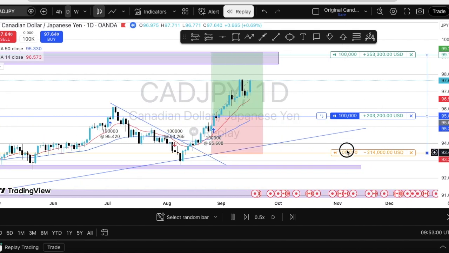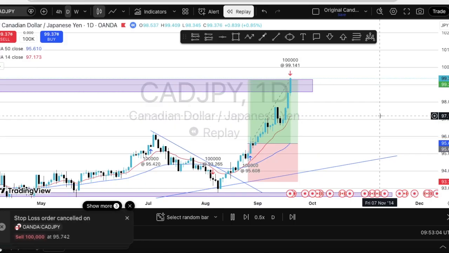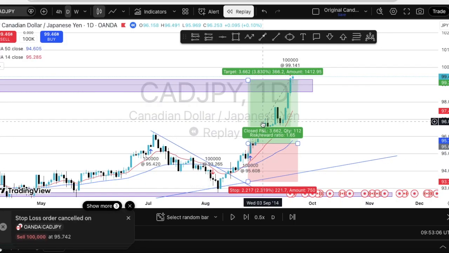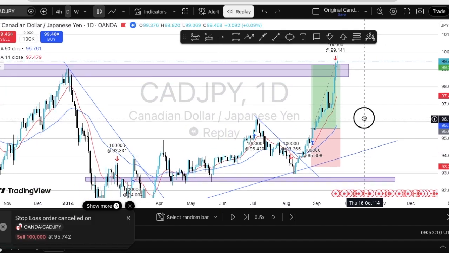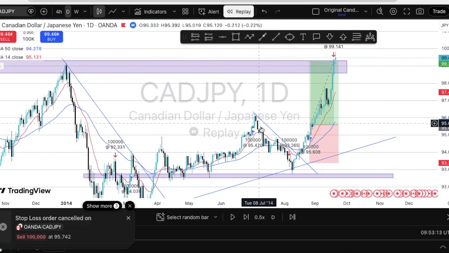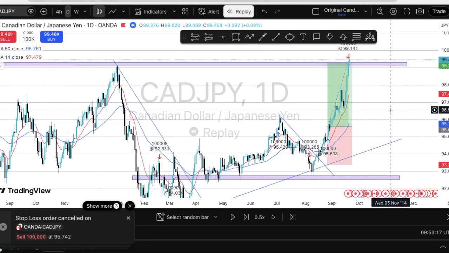Okay, we're in break even right now. This trade can become a break even trade or it can become a winning trade. And boom, this trade happens to be a winning trade. I've been trying to buy the market since here, but we finally succeeded in taking a win. Awesome.